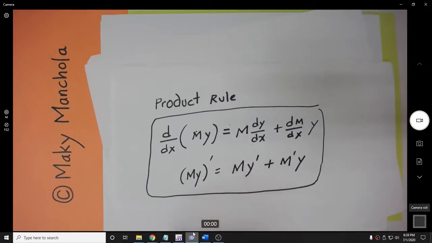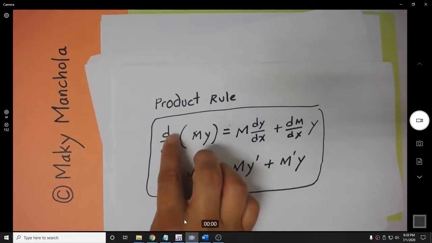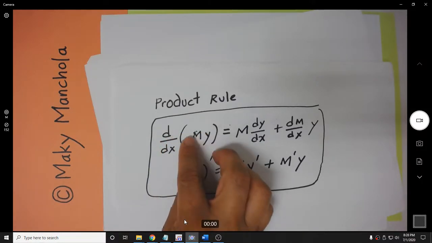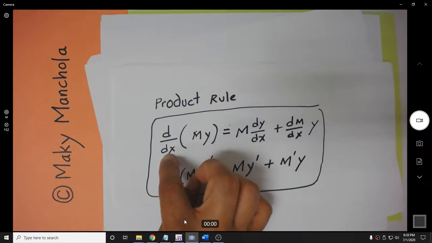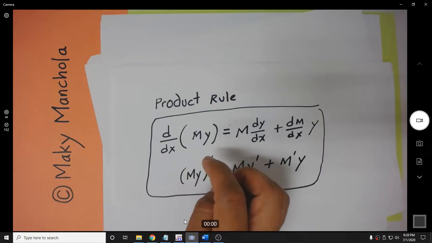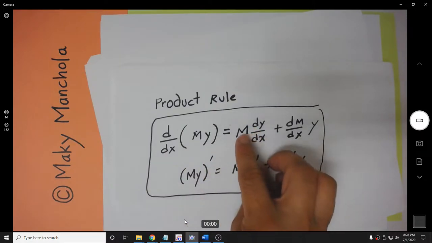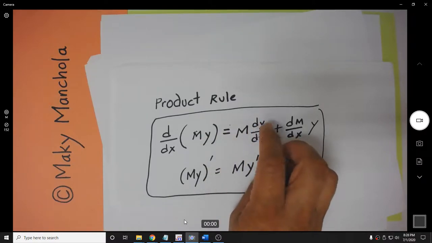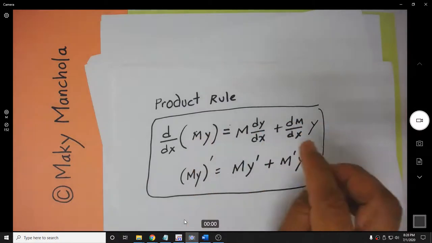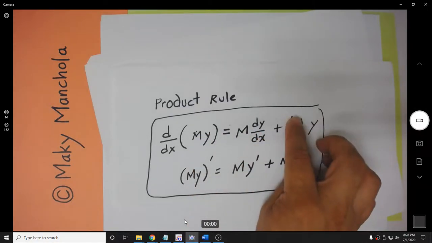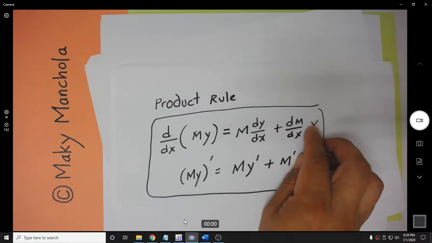of a calculus rule called the product rule, which says that the derivative of the product of two functions m and y, with respect to x being the independent variable, equals the first function m times the derivative of the second function, dy/dx, plus the derivative of the first function, dm/dx, times the second function y.